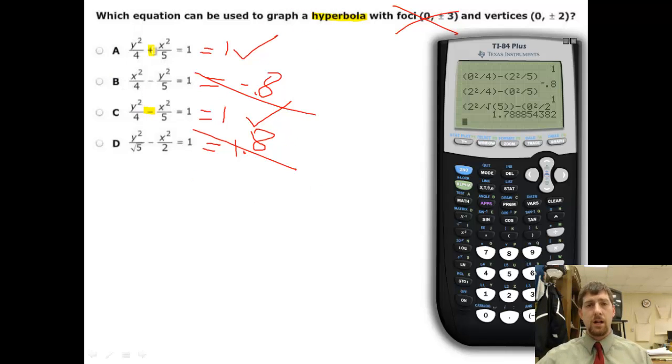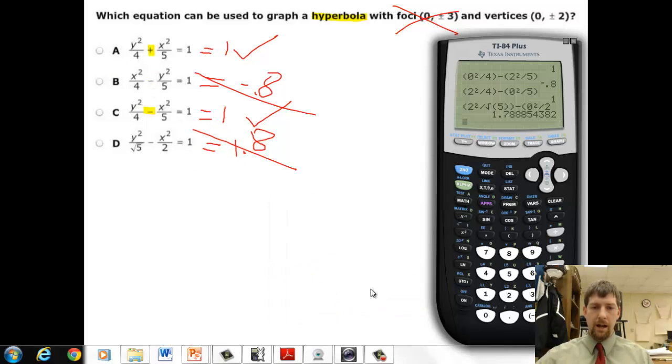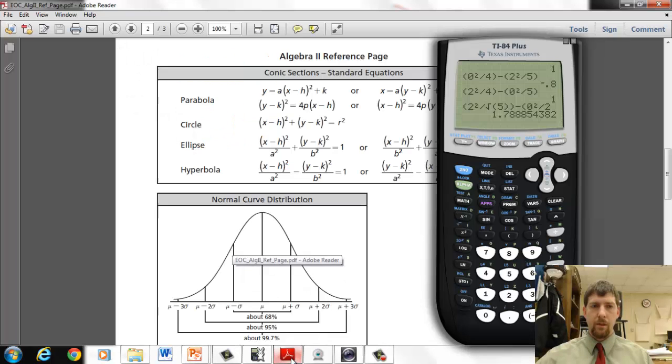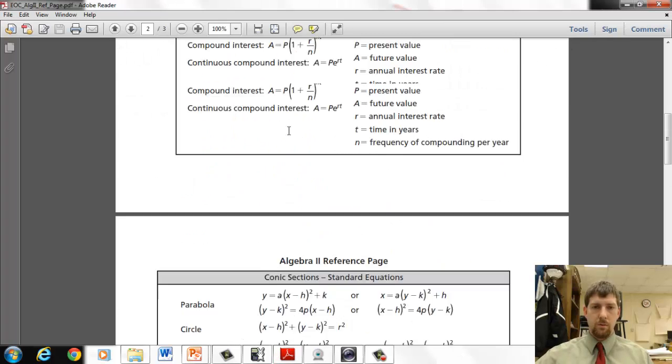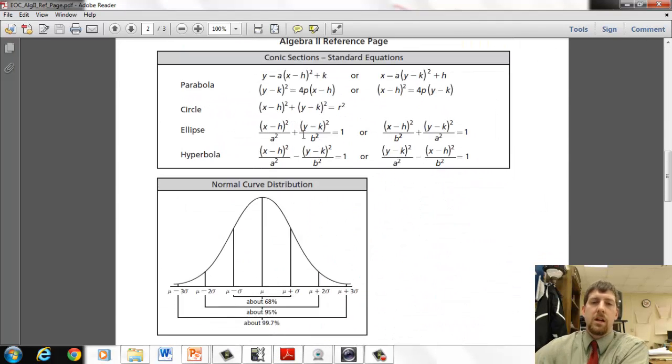I don't have to memorize which one uses a plus, which one uses a minus, because I have my reference page.